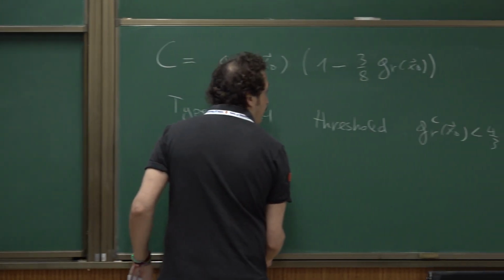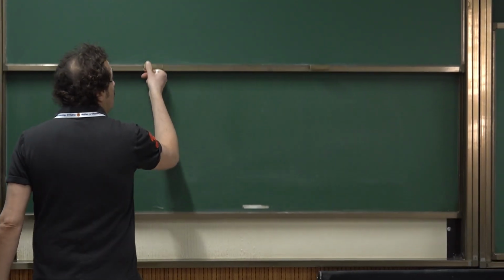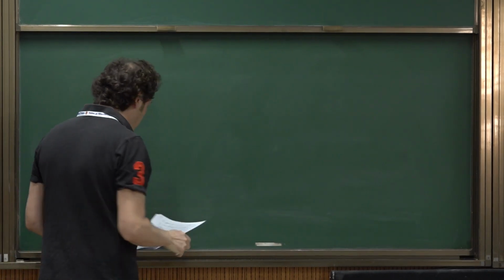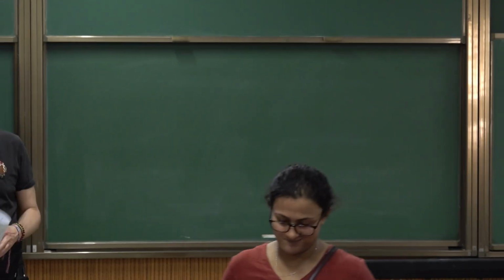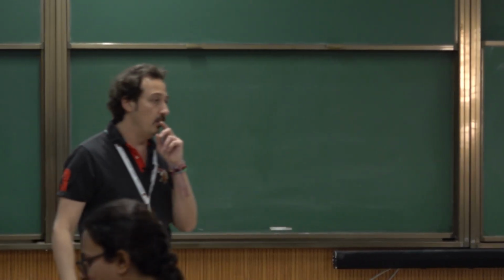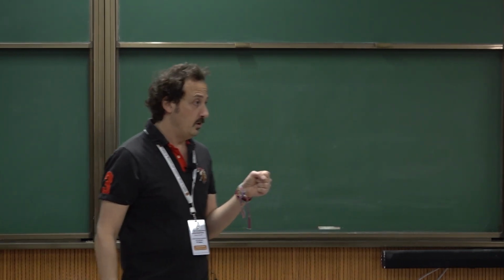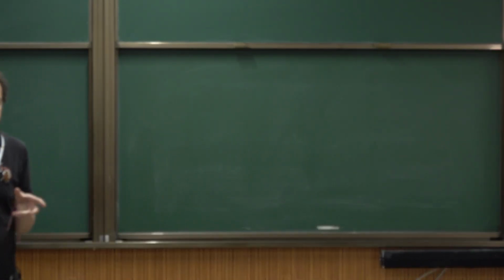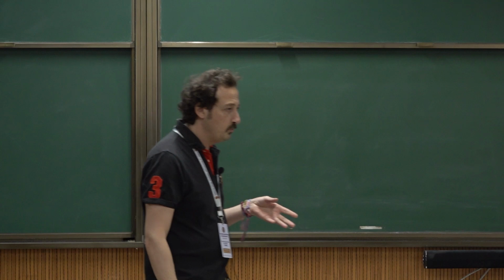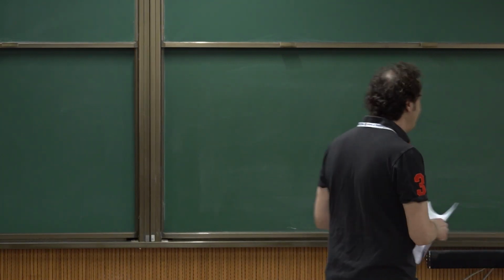Now, the second thing that we found is that, at the threshold, the mass of the black hole is 0. So threshold means forming a black hole of mass 0, as weird as it could be, but it is like that.